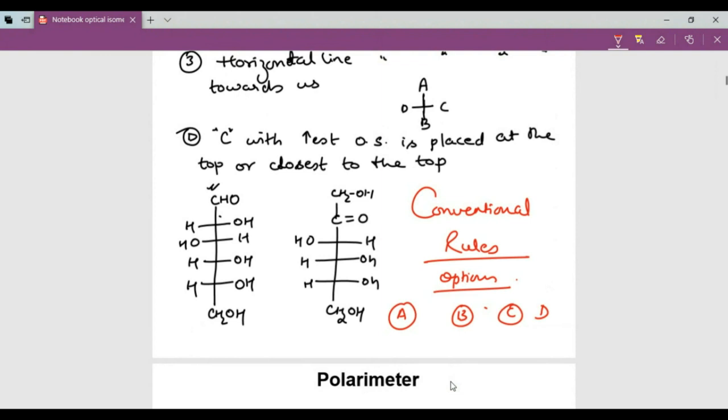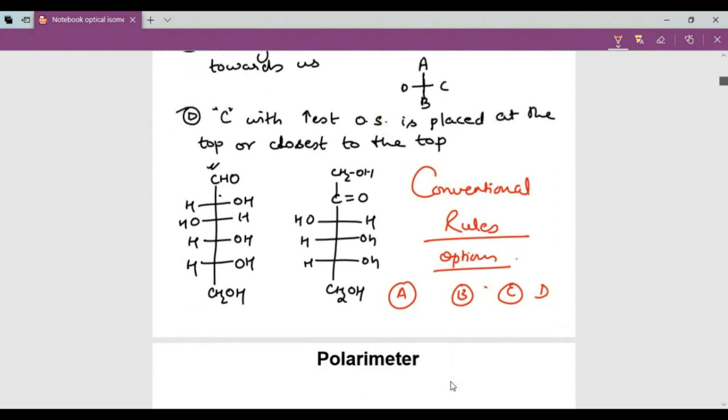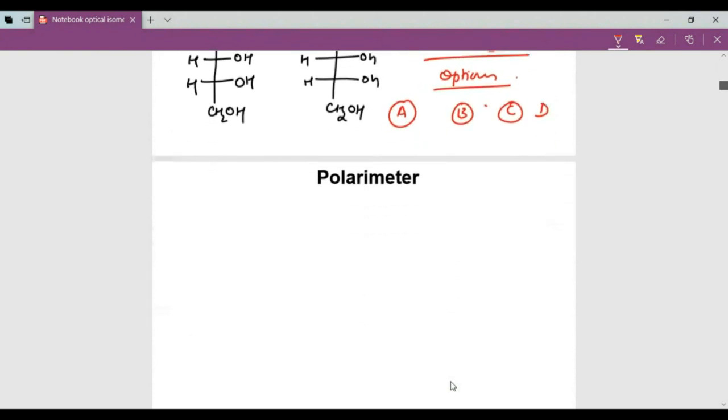Other options will be generated by not following the convention. So there is always a possibility. Please don't assume that all the structures will follow the conventions.